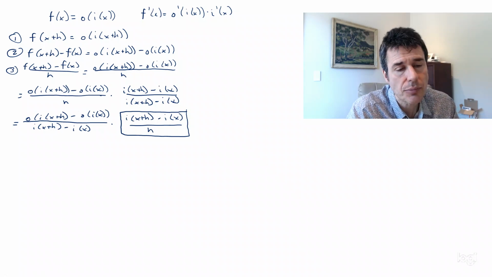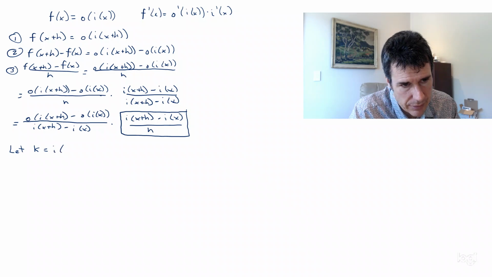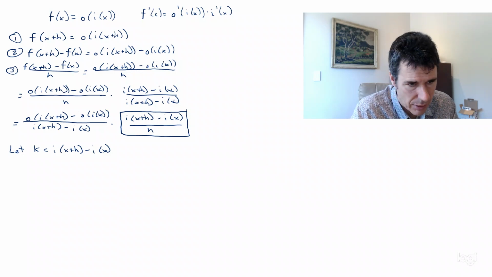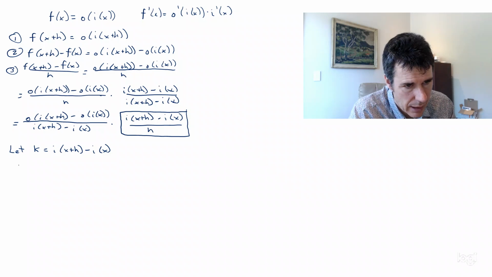So let's let k equal I of x plus h minus I of x. As h goes to 0, k is clearly going to go to 0 as well. So let's look at our first term here. Our first term, I of x plus h, is equal to I of x plus k.